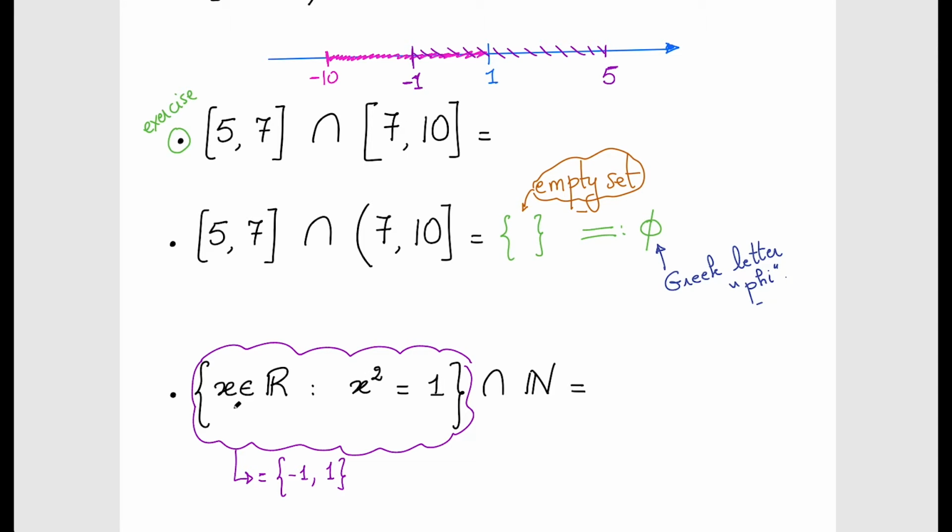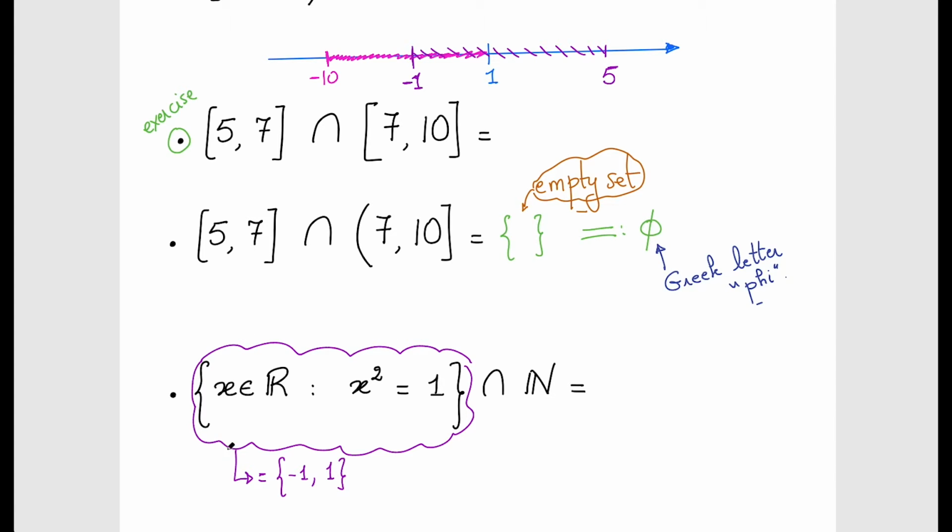Why? Because these are equivalent things, right? They are the same. This bubble here means the collection of numbers that are real numbers, such that if you square them, you get 1. There are two real numbers that do this job. It's namely -1 and 1. So these are the constituents of the set.